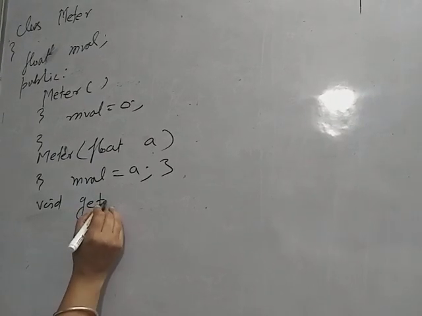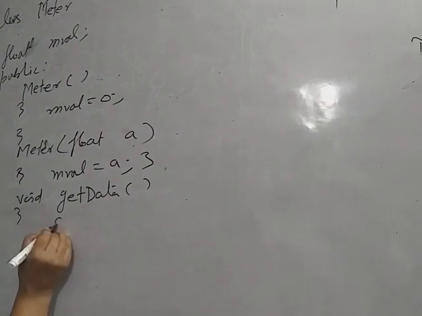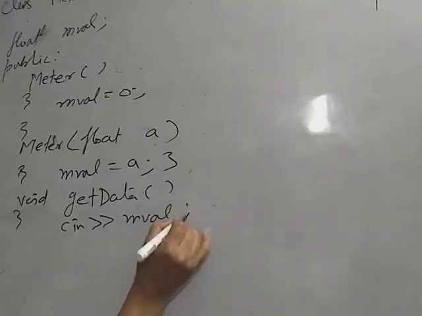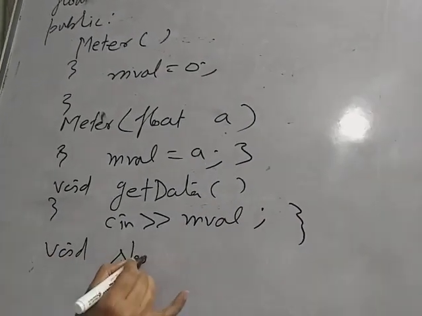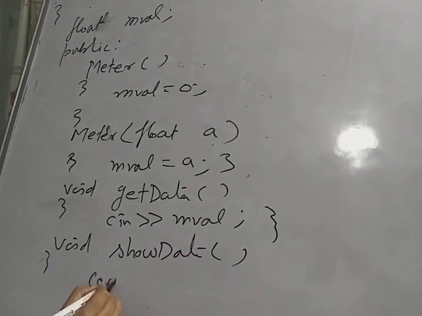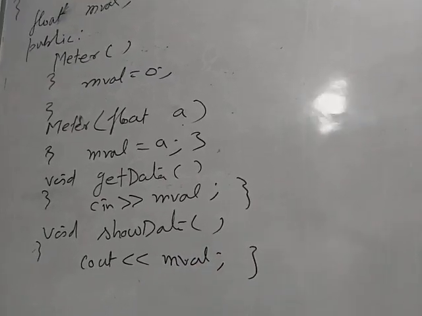You can write void get_data to read the value with cin in m_val, and then void show_data with cout m_val. See, in all the classes these are very common.